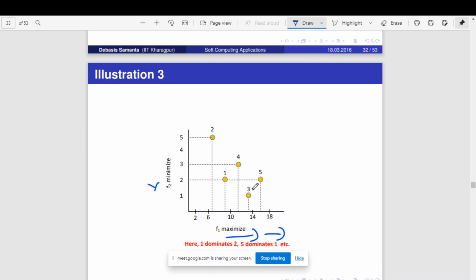Say this, 3 and 5, can you say that 5 is dominating 3? F1 maximize and F2 minimize. Can you say 5 is dominating 3? No. Yes, Akila, good. Could you justify your answer? In which plane does it fail, F1 or F2?